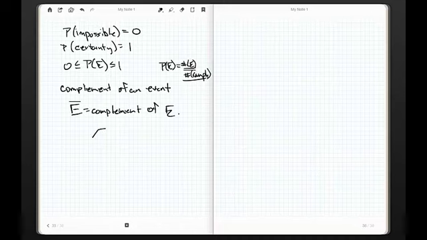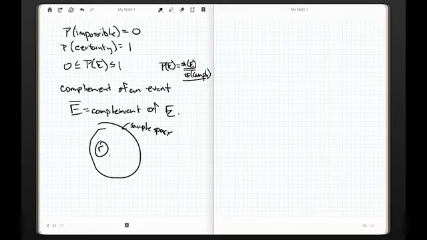Let's say that this is the sample space right here. It's the set of all the possible outcomes. And let's say that E lives over here. The complement of E is everything that isn't E. E complement is all this stuff over here.